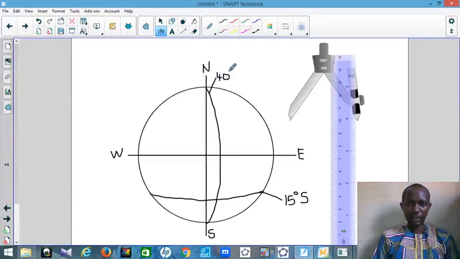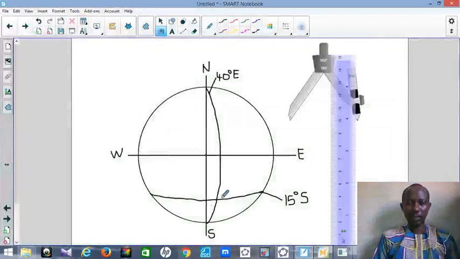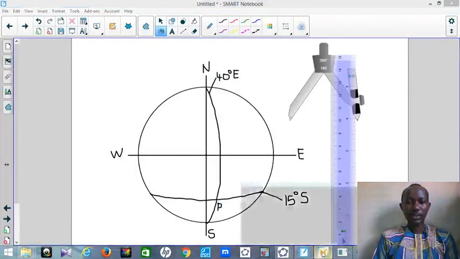So this is 40 degrees east. Where they meet is your first coordinate, which is point P. Then you label it as point P. So that is all. Then the next coordinate, let's go to the question and see.